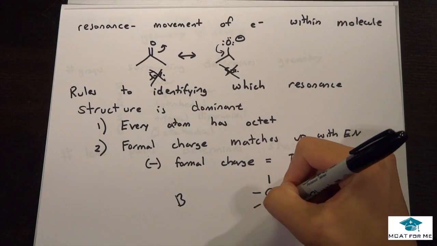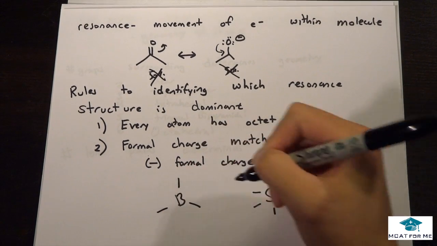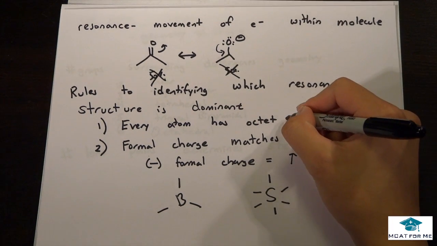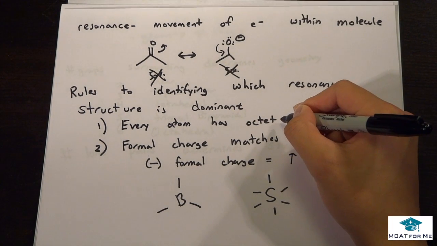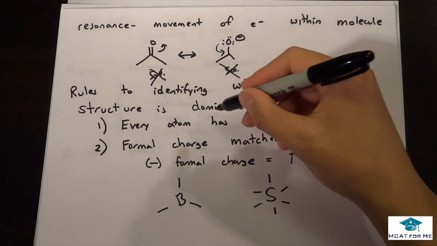It can actually have 6 things going around it, and they're not linear like that. I'm just drawing that for you guys. And boron, which has 3 groups around it. But for the most part, we'll always be dealing with stuff like carbon, oxygen, nitrogen. Those are really what we'll be dealing with, and they have to have an octet. If they don't, it's still possible to have that molecule, but will it be the dominant one?